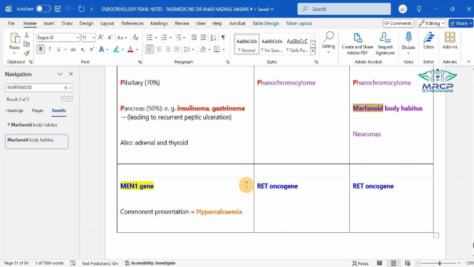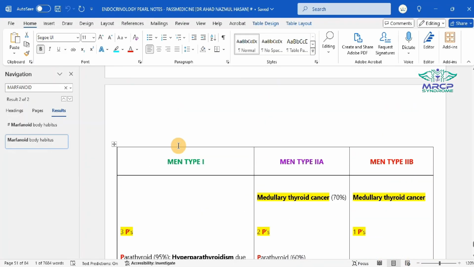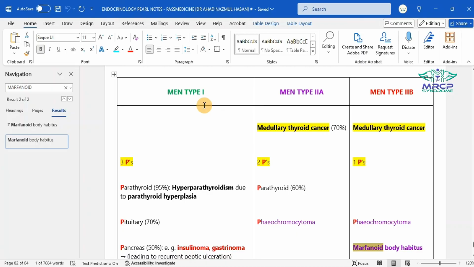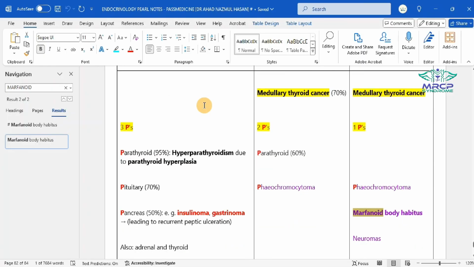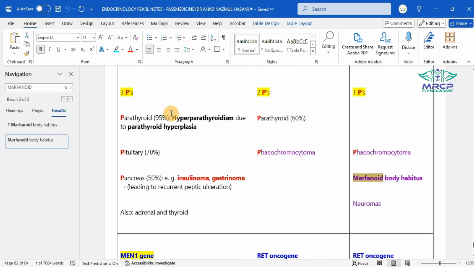So this is the chart among the different types of MEN. MEN type 1 will have the features of the 3 P's. Parathyroid involvement, there would be features of hyperparathyroidism due to parathyroid hyperplasia, pituitary involvement, and pancreatic involvement, like insulinoma or gastrinoma.